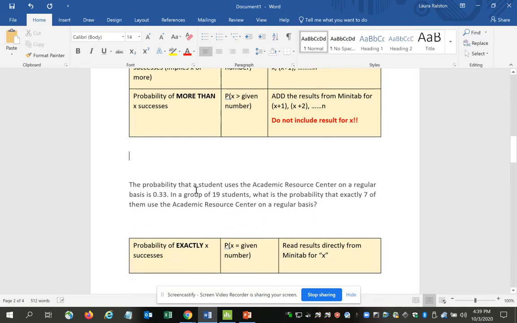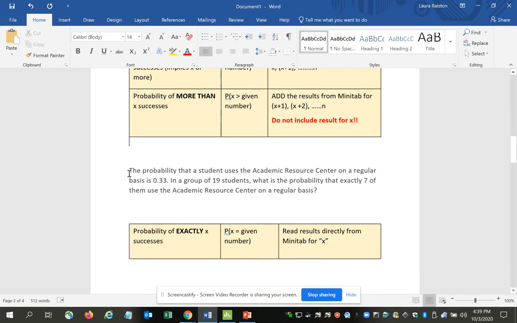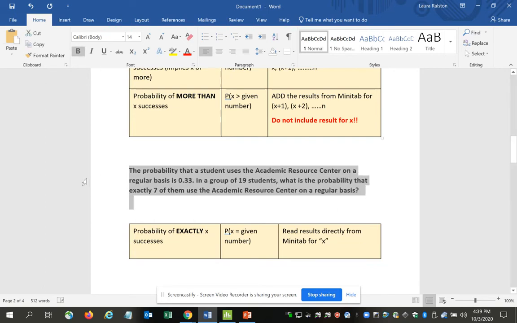The first example says: the probability that a student uses the Academic Resource Center on a regular basis is 0.33. In a group of 19 students, what is the probability that exactly 7 of them use the academic resource on a regular basis?